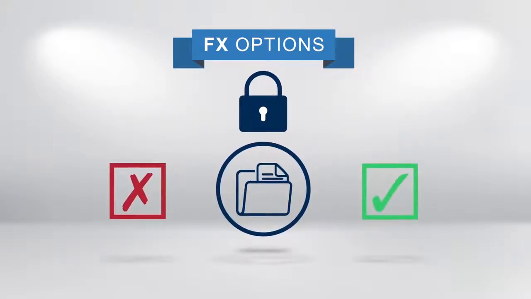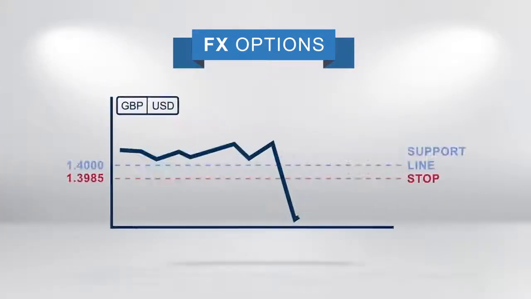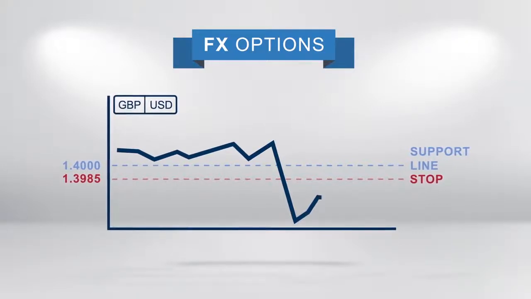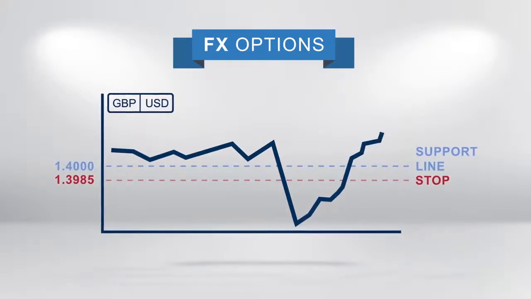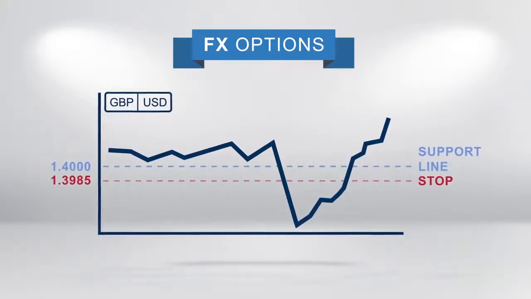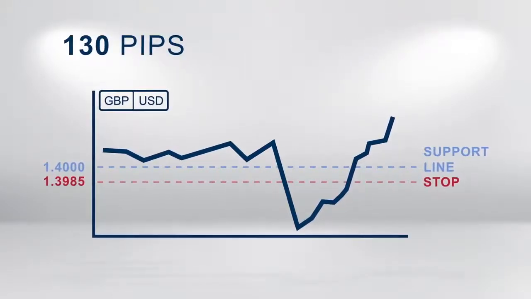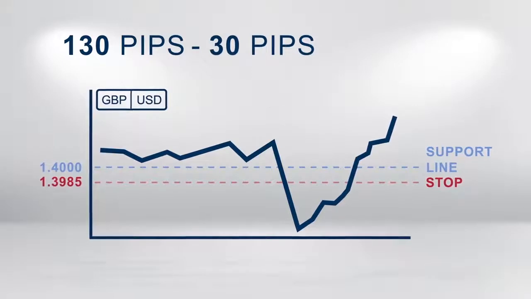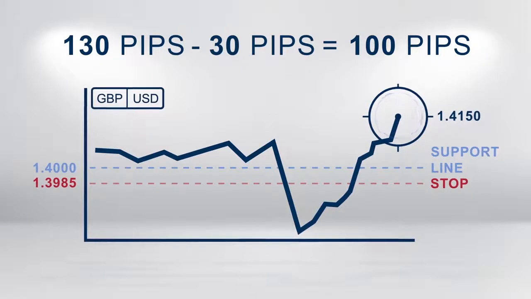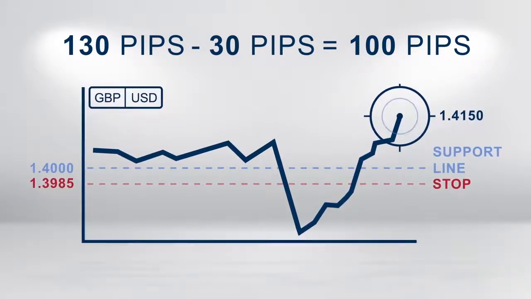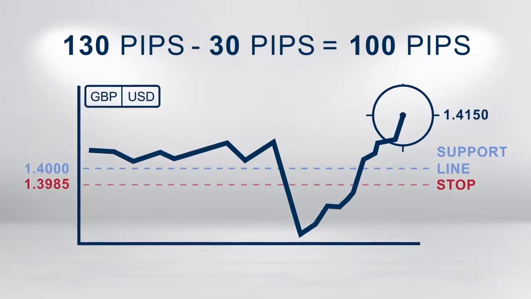We can instead keep the long spot position in our book or portfolio. Should the market move higher, we can still profit from the spot position. If spot moves all the way to 1.4150, we could earn 130 pips from the option, minus the 30 pips we paid in premium, equals a 100 pip profit. The options will come at a cost, which needs to be added to the maximum potential loss.